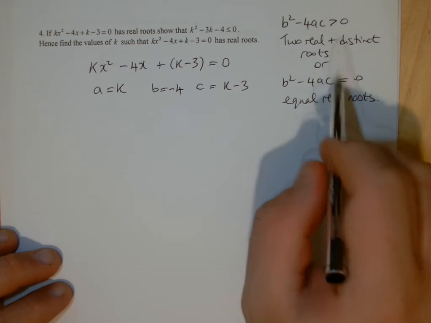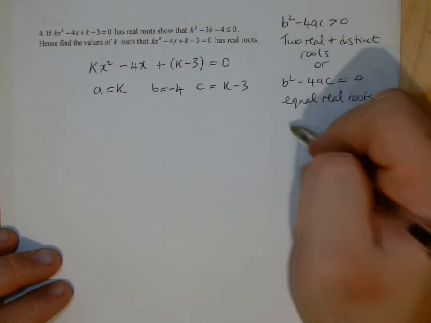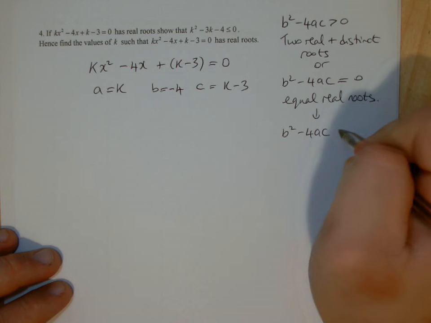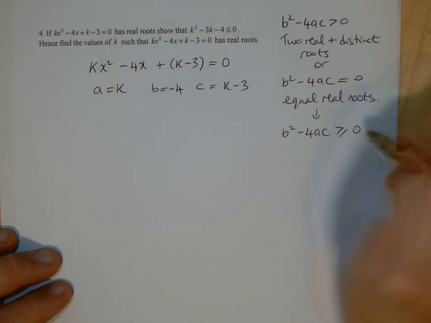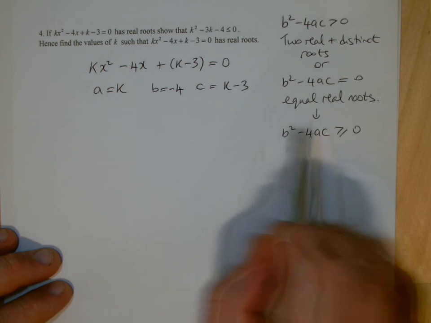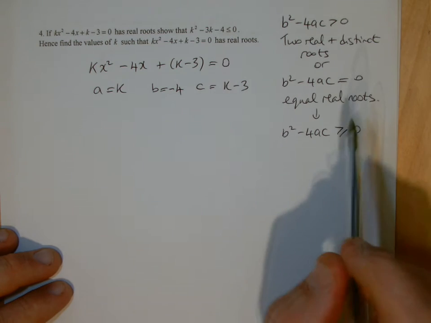So when you combine these two, it could be greater than or equal to. We end up having b squared minus 4ac is greater than or equal to 0. So we write it like that. Now, don't get confused, because you'll notice the inequality is going the other way. Don't worry about that for a minute.